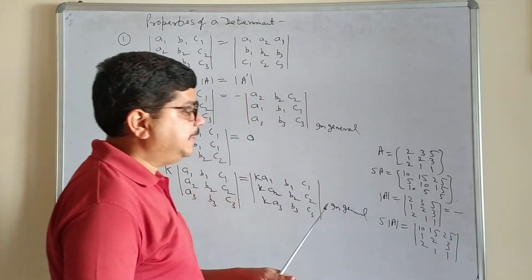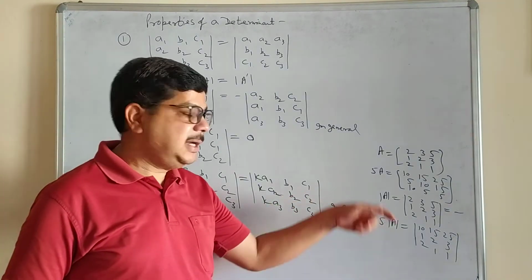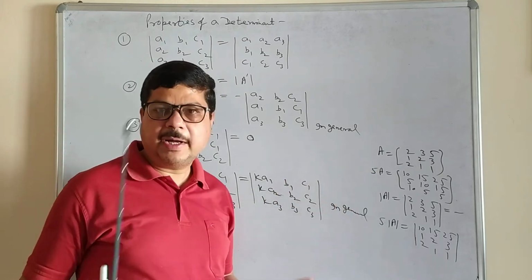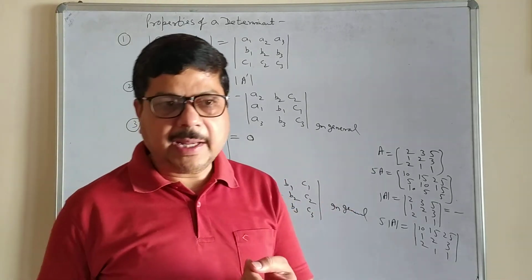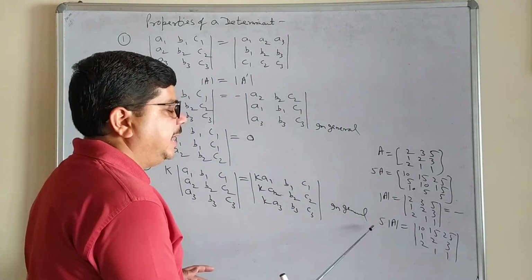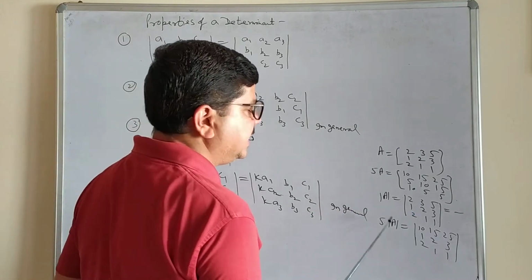This is 5 times determinant of A. 5 times determinant A and determinant of 5A, both are different. Determinant of 5A means you are multiplying a matrix A by 5, then evaluating the determinant, and 5 times determinant A means you are evaluating the value of determinant, then multiplying by 5.